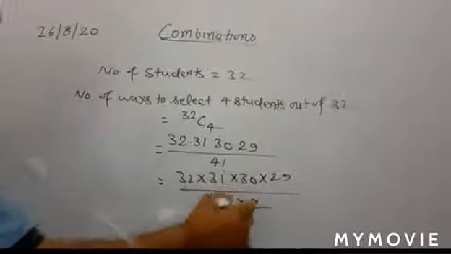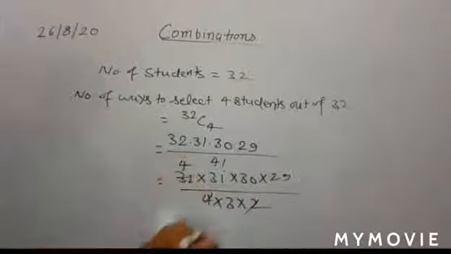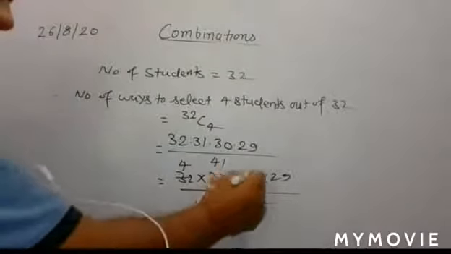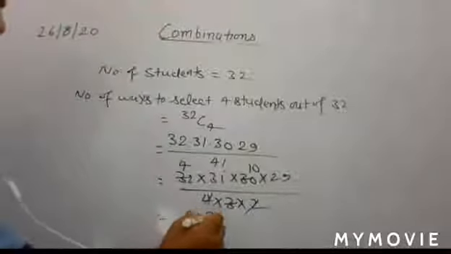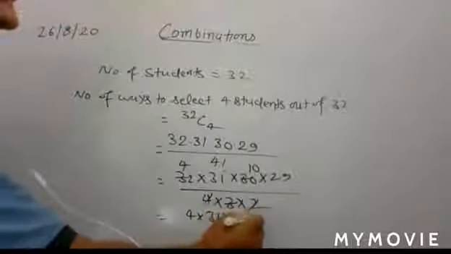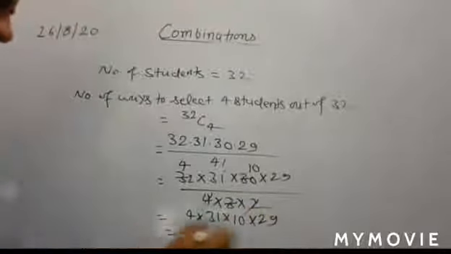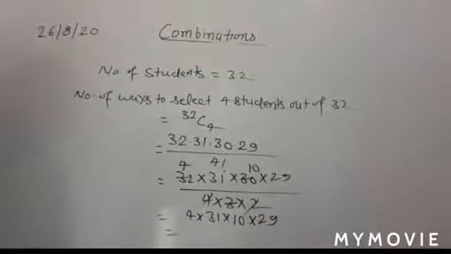So 4 2s are 8, 4 8s are 32, and you cancel it. Here you have 10. So multiplying 4 into 31 into 10 into 29, if you multiply all these, you will have your answer.